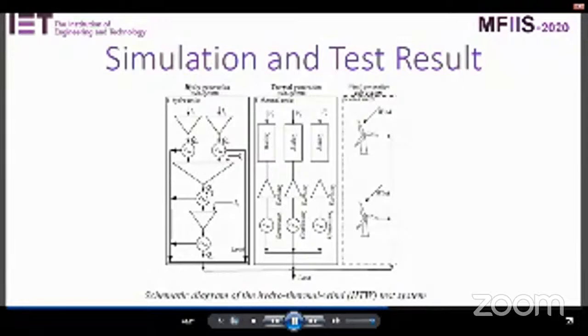First one is hydel power generation, next is thermal power generation, and wind power generation. In the proposed test bed, there were 4 hydel units, 3 thermal units and 2 wind energy conversion units, as evident from the schematic on this slide.